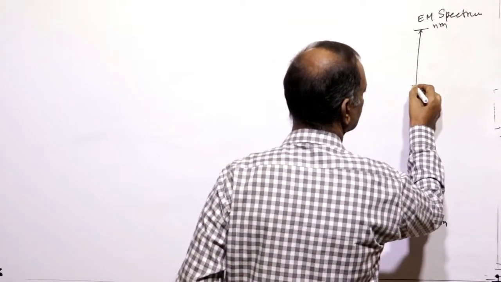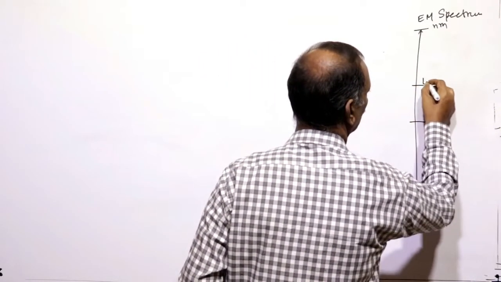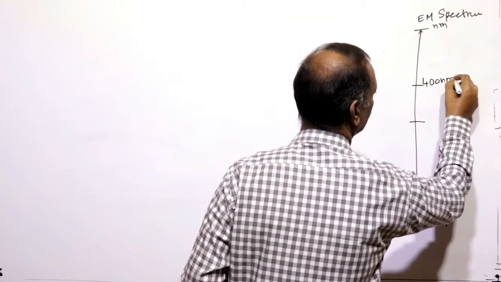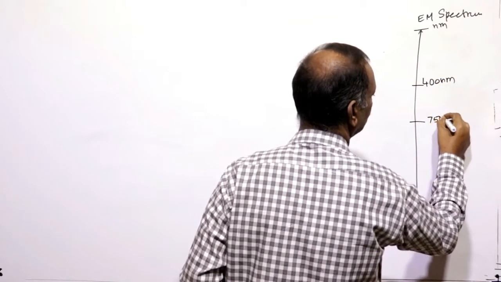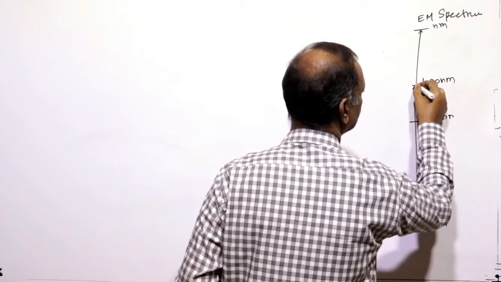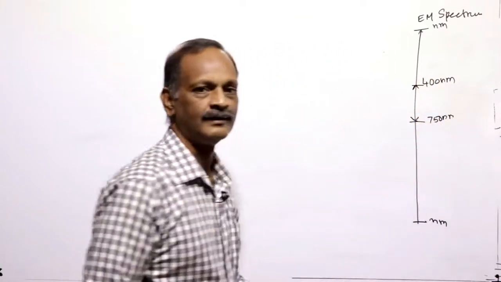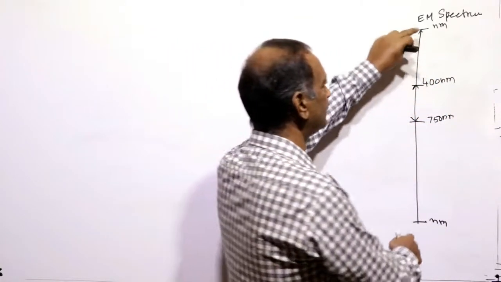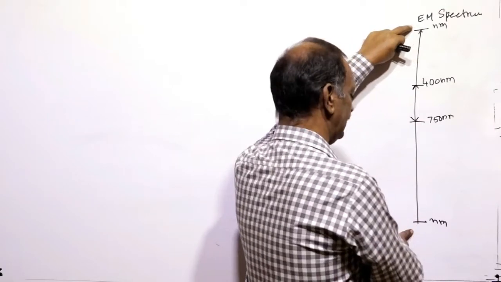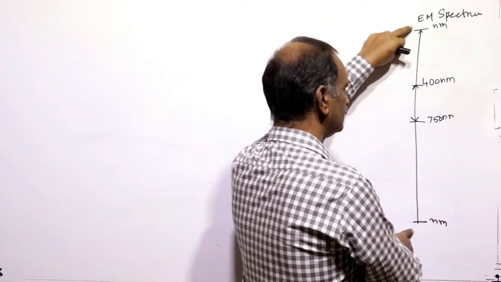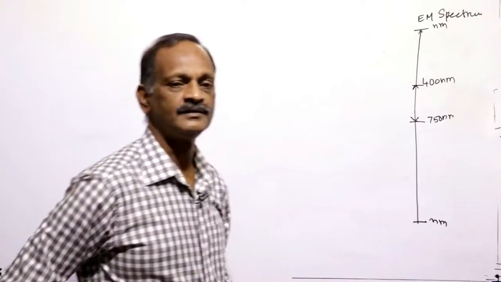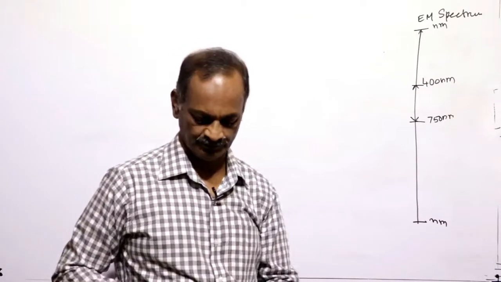Here, this is about 400 nanometer to 750 nanometer. This part of the electromagnetic spectrum consists of wavelengths from here to here.